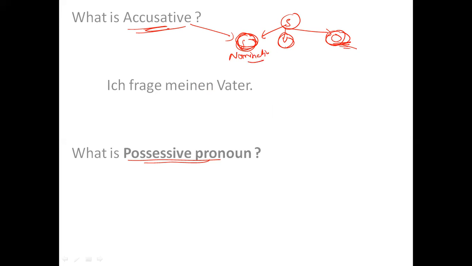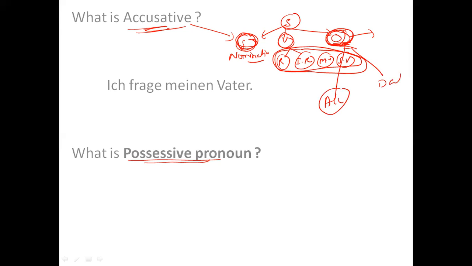The verb can be regular, irregular, modal or separable, which we will discuss when we talk about verbs. For now we are focusing on the object. An object can be accusative or dative, but for the time being we are talking about accusative only.